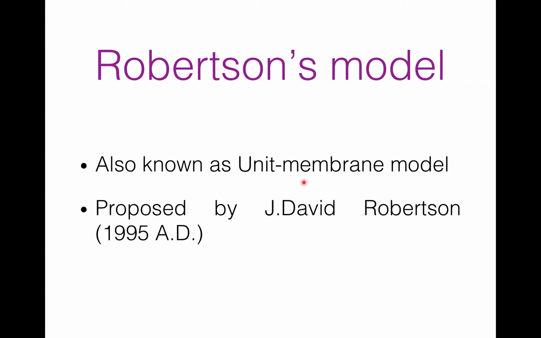This model is also known as unit membrane model, and it was proposed by J. David Robertson in 1959. He studied the ultrastructure of a number of biomembranes of the cell, that is plasma membrane, nuclear membrane, mitochondrial membrane. And what did he find? He found that all these membranes are similar in their ultrastructure except in their thickness.